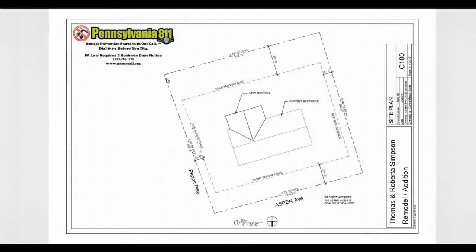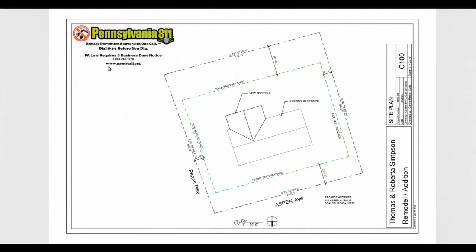So the very first plan that we're going to look at is our site plan. There's a lot of different information on here. The first thing that I want to make note of is this great big Pennsylvania 811, and what this basically is, you have to call this number, or the contractor needs to call this number before any excavation, any digging takes place.